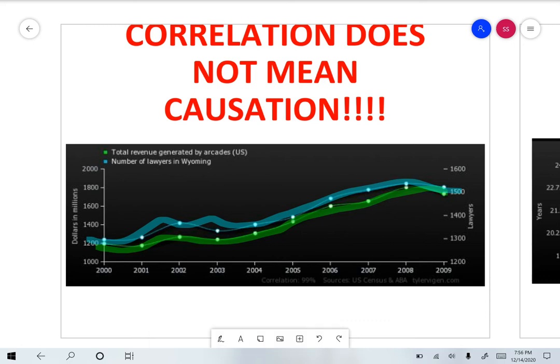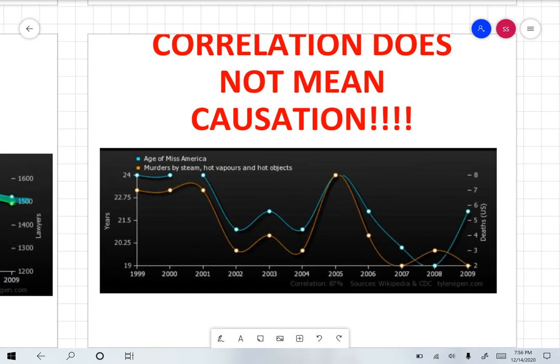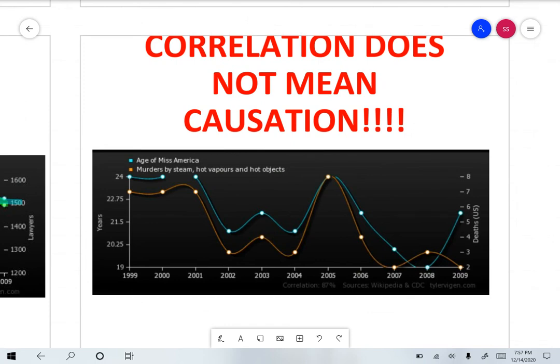We're almost done. Here's another good one. It's really funny, and also sad. Murders by steam, hot vapors, and hot objects as related to the age of Miss America. These are very strongly correlated.